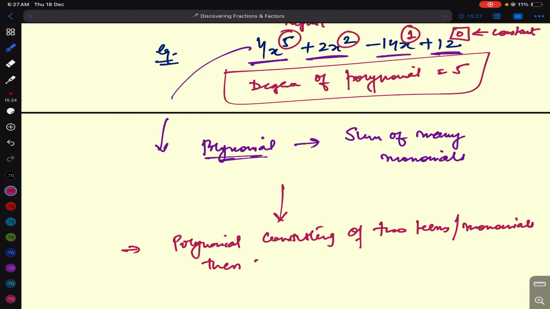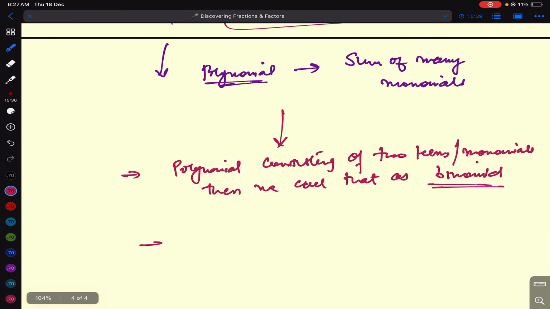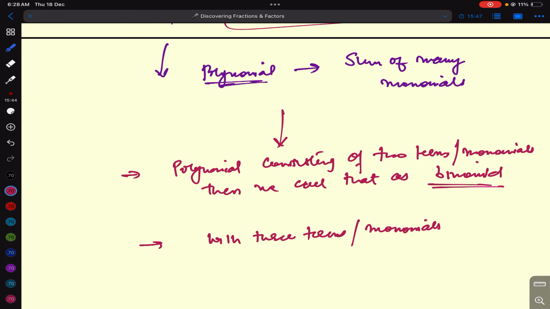Then we call that a binomial. So the polynomial with two terms is known as a binomial. Similarly, with three terms, or three monomials, we call that a trinomial. Clear?